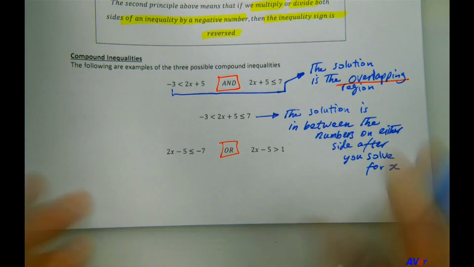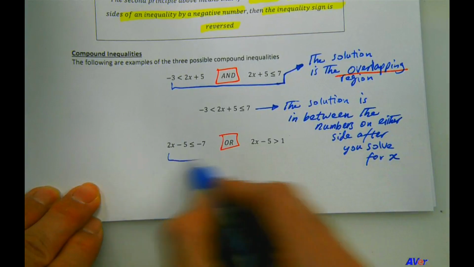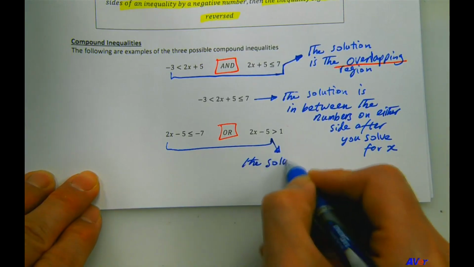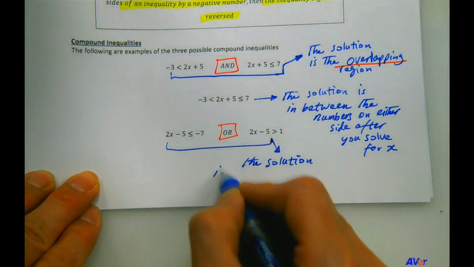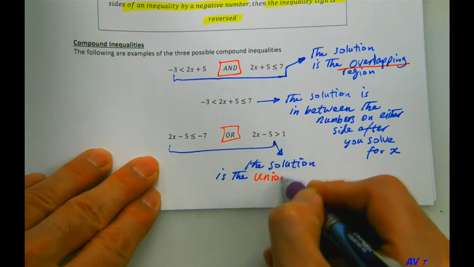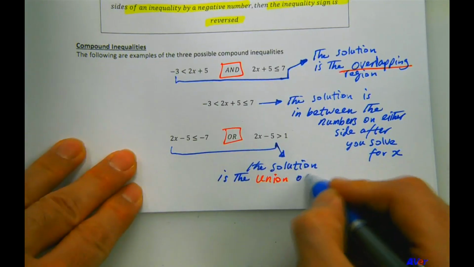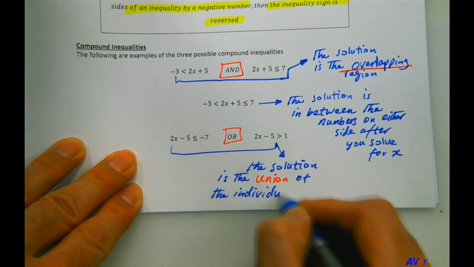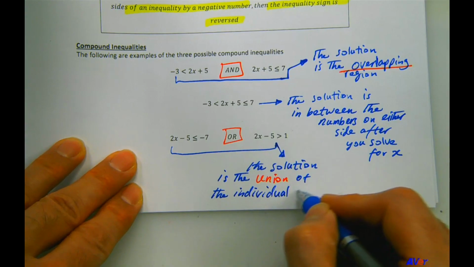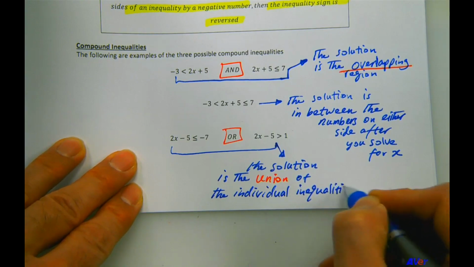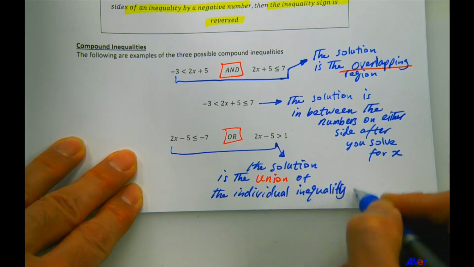So let's write that down. So all of this means that the solution is the union of the individual inequality solutions.